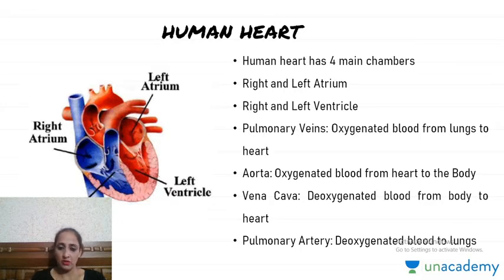So what you have learned is 4 chambers: left atrium, left ventricle, right atrium, right ventricle. Then you have pulmonary veins, aorta, vena cava, and pulmonary artery. So this was all about the heart.